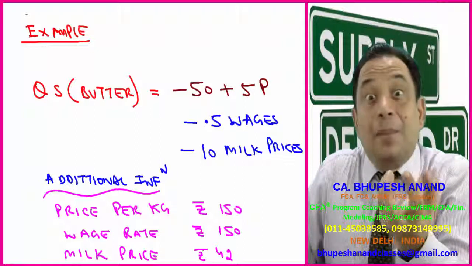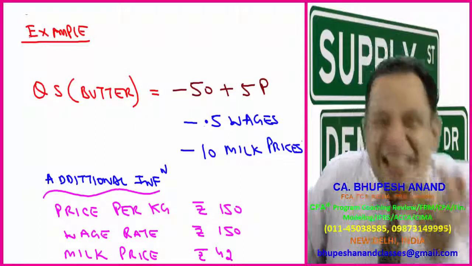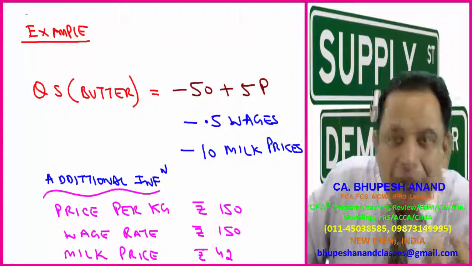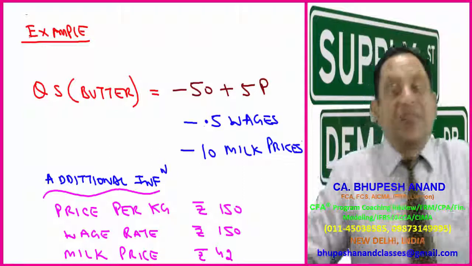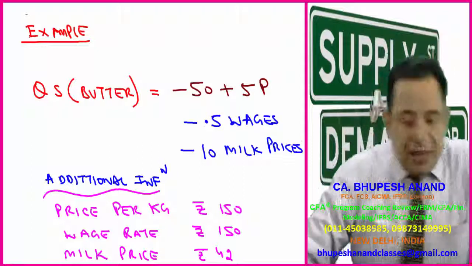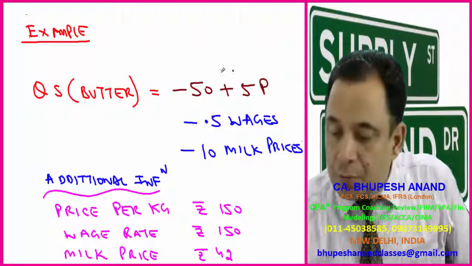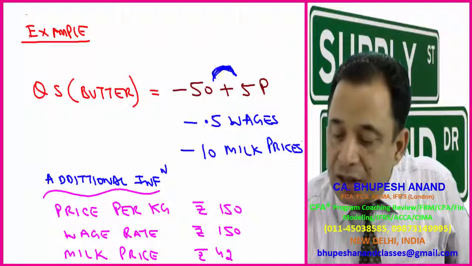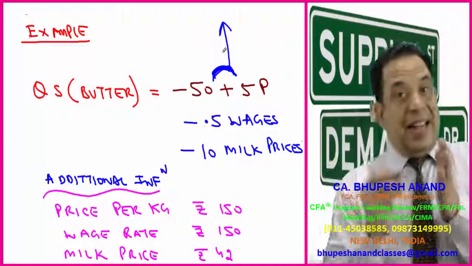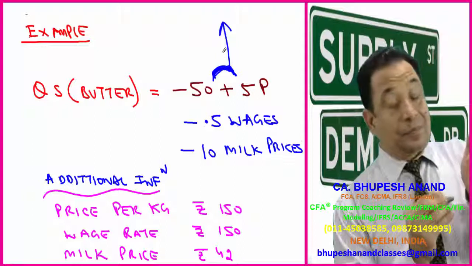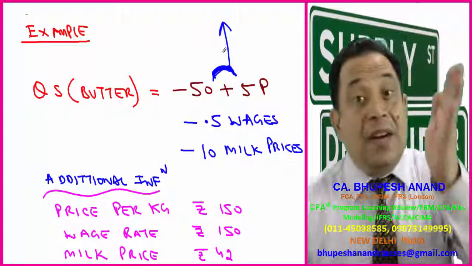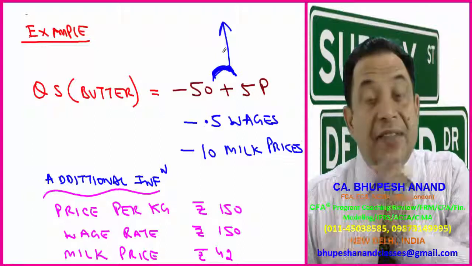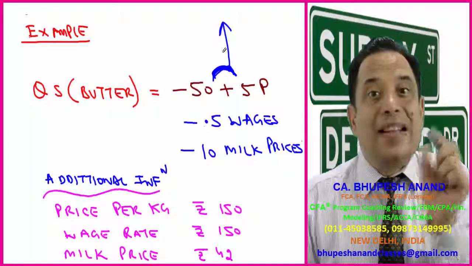But because the price of the product is directly related with quantity supplied, I have written minus 50 plus 5p. This is positive. It means there is a positive relationship between price and quantity supplied. If you remember, in the demand function this was negative.